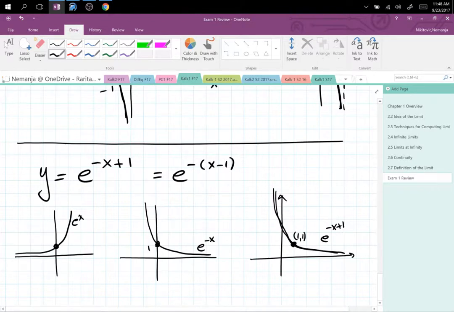This is the graph that I was thinking of, but I decided to change the function. There we go. So that's the basics of graphing.